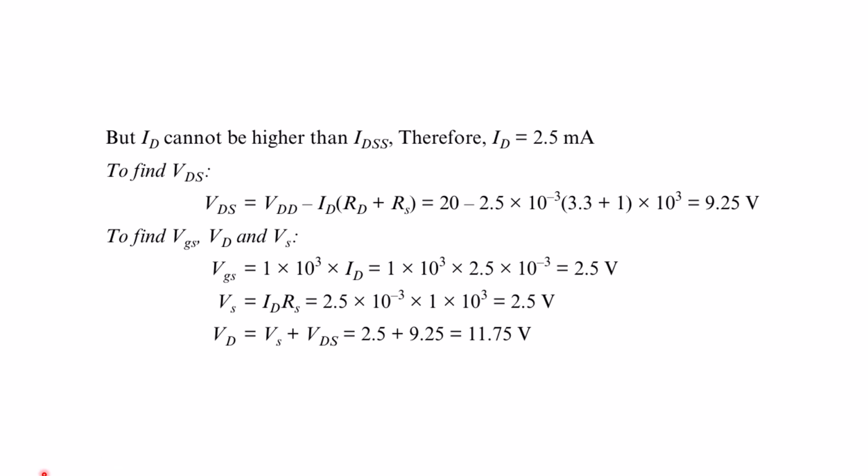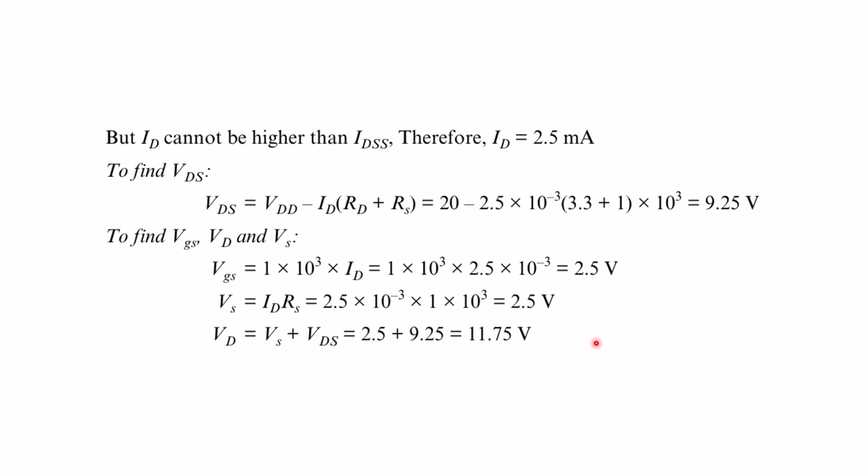So for the JFET we have calculated VDS, VGS, VS and VD for the given circuit. After simplification of the ID equation we have two values of ID. In that we have to pick the minimum value, because it cannot be higher than the saturation value.